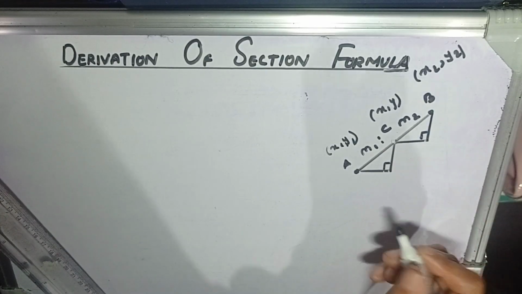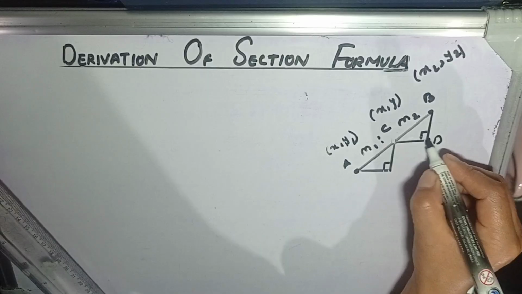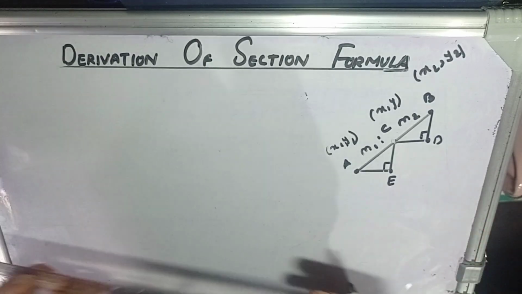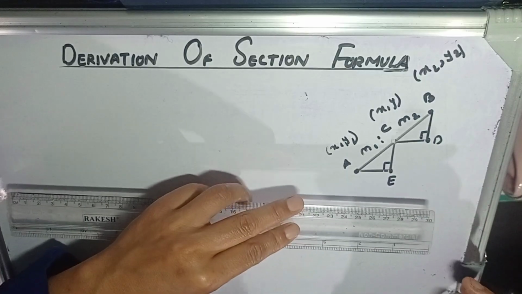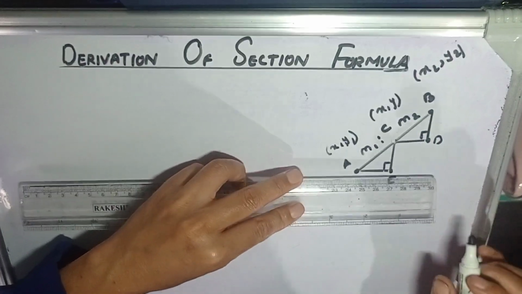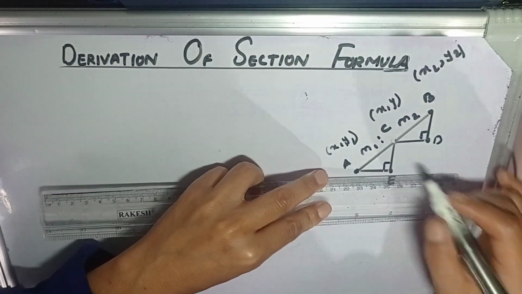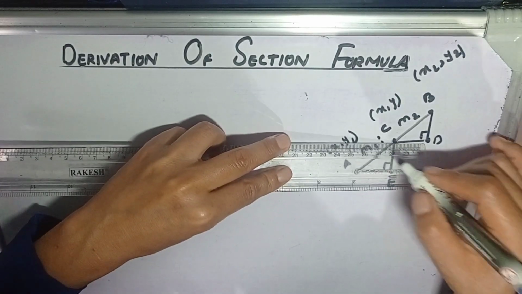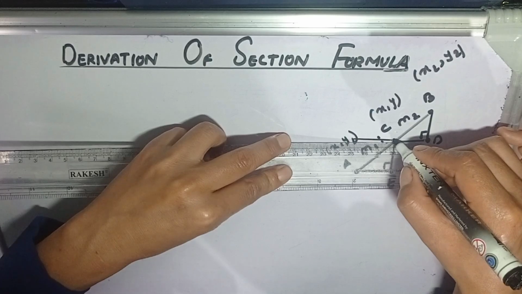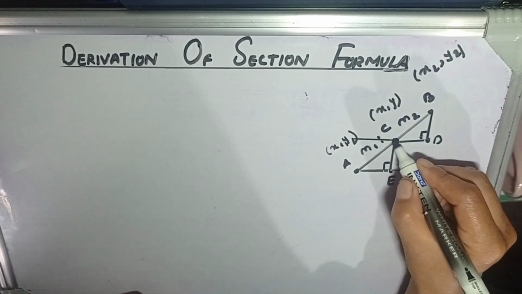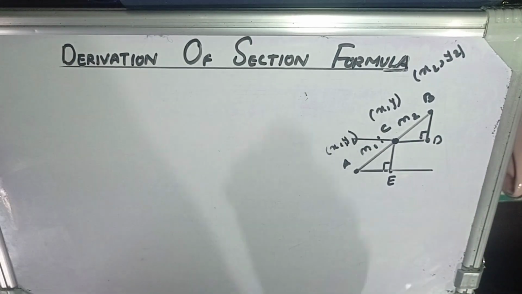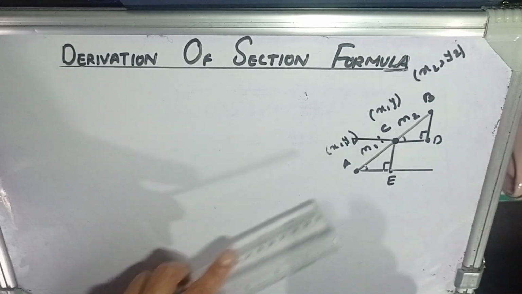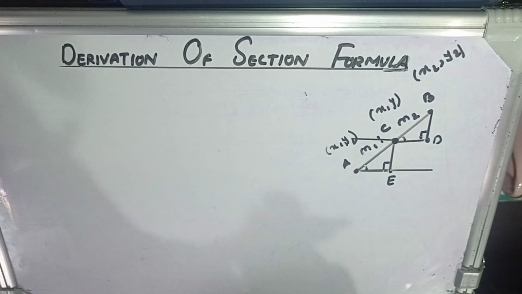Let's give the names D and E to these points. Now we are making an extra line from E and C. This extra line from E and C, so this angle corresponds to angle C.